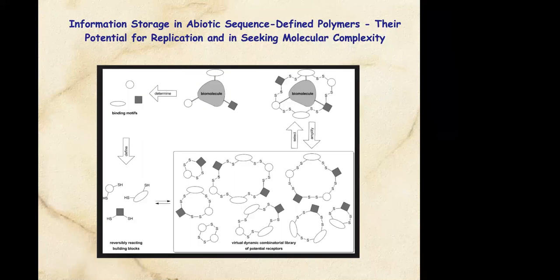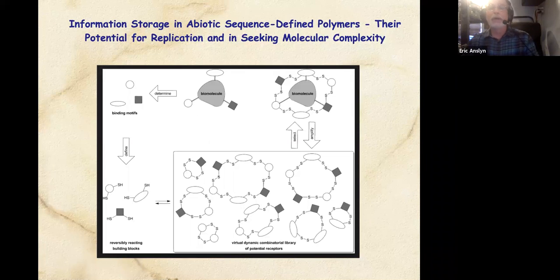Okay, so I think Craig described what we are doing pretty well. A lot of what I'm going to discuss is the use of what are known as reversible covalent bonds and how reversible covalent bonds could establish a genetic code maybe elsewhere in the universe, not a genetic code based on hydrogen bonding and hydrophobic effects like we have with nucleic acids.